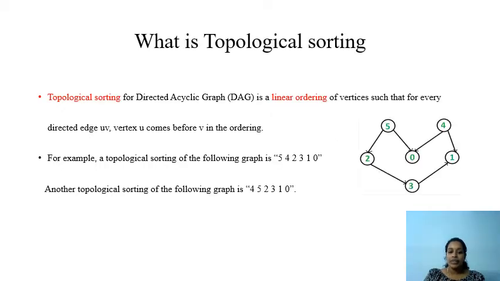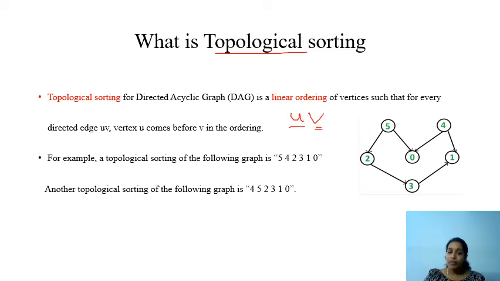Now we have to clear up what topological sorting is. Topological sorting is used for finding an order of vertices in a graph. Consider this directed acyclic graph. These are the vertices. We have to find a topological ordering of these vertices. If we have an edge UV, vertex U has to be evaluated or seen before visiting vertex V. For example, here before visiting 0, we have to visit both 5 and 4.